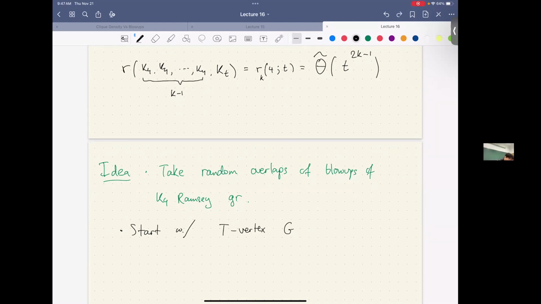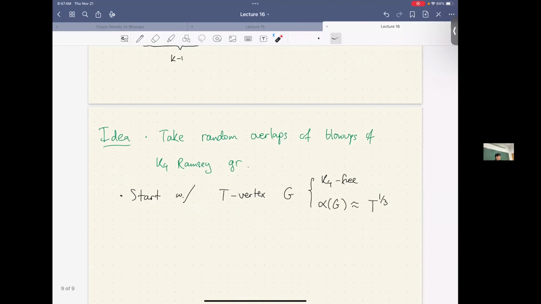Maybe just call it G, which is K4 free. And the independence number of G is roughly T to the 1/3, right? This is the K4 Ramsey graph. When I say roughly, I just mean up to log factors, T to the 1/3.